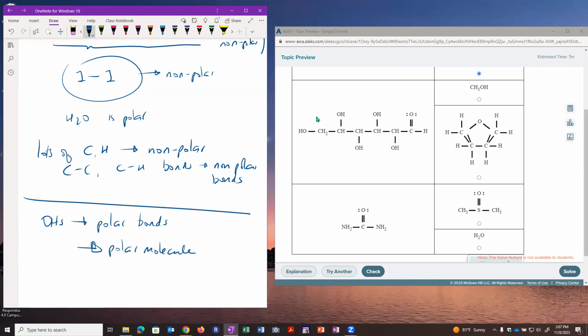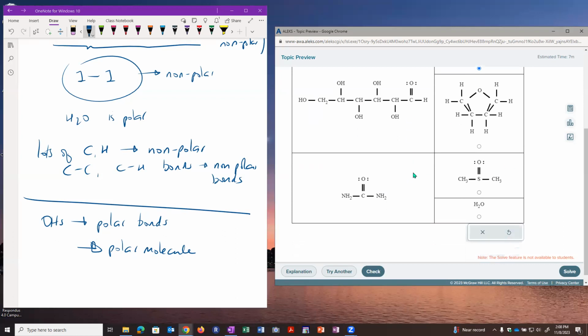So in this case, we can assume that this is going to be fairly polar. We want to select which of these options is going to be more polar than the other. So if you look here in this CH3OH, there's an OH, which would make this a fairly polar molecule. In the second one, it's a lot bigger, and there's a lot more C's and H's in this than there is in the first. So we can assume that that one is going to be more polar.